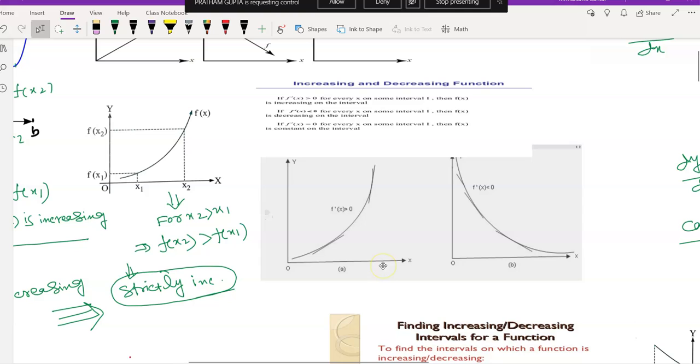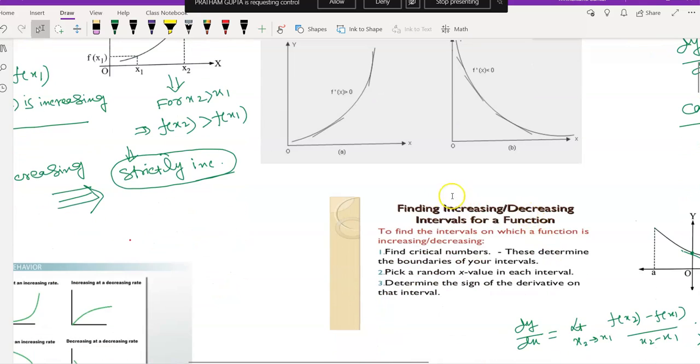At maximum it can become vertical or tend to be vertical, but from the geometrical meaning it is obvious that the derivative is greater than 0 for an increasing function, and the derivative is less than 0 for a decreasing function, because the slope of the tangent is going to be negative at every point here.